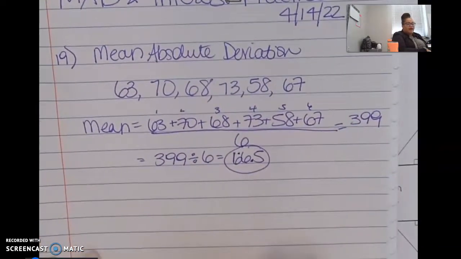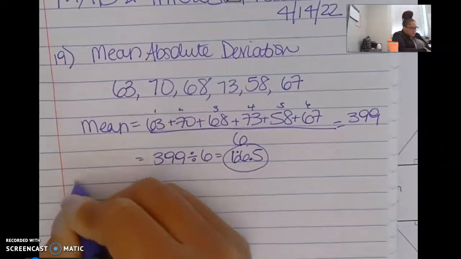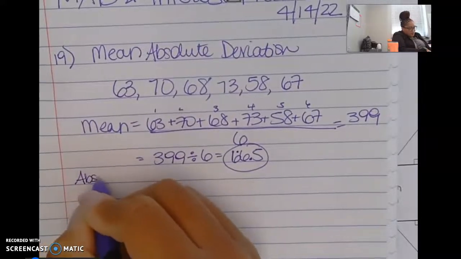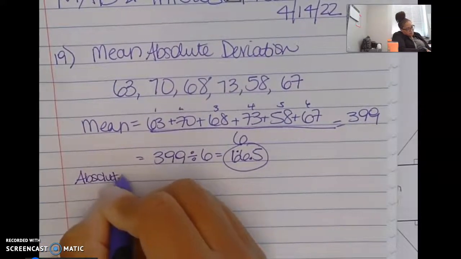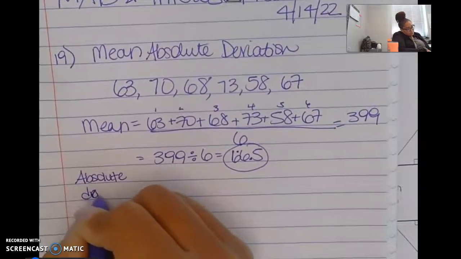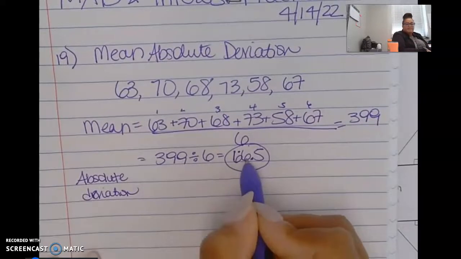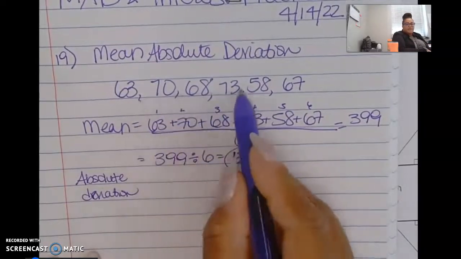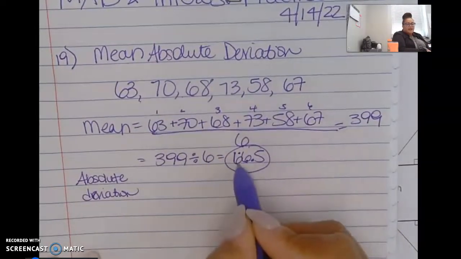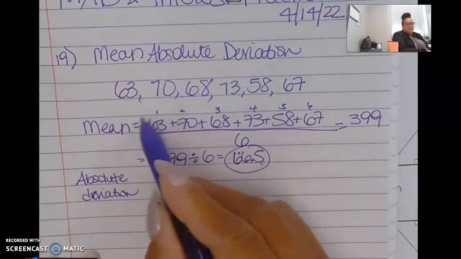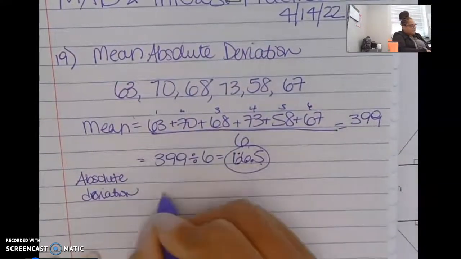66.5. Now I need to find the absolute distance or deviation between the mean and the actual set of data. So now I need to find the difference between 66.5 and 63. What is that?